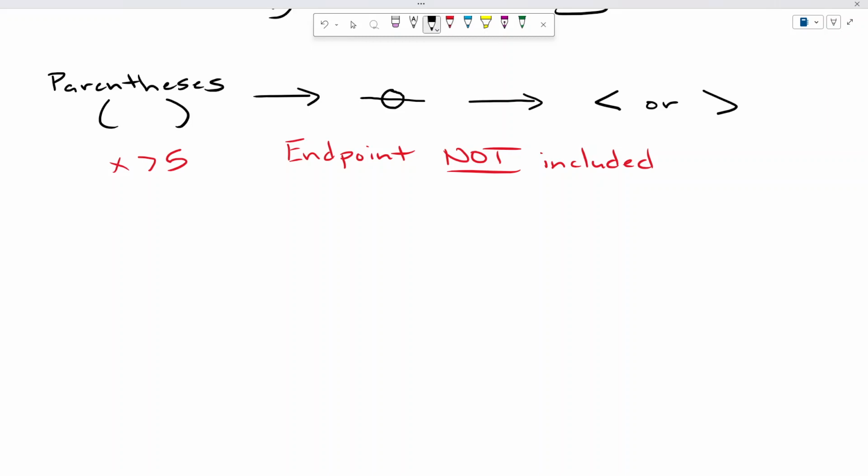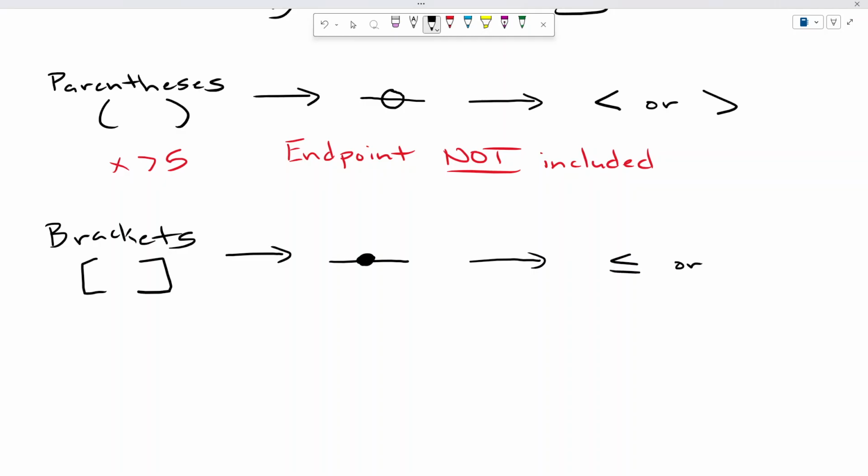And then if we were using brackets, that's equivalent to a filled-in circle on the number line, and that equates to less than or equal to, or greater than or equal to. So those are the key differences between these two. In this case, brackets, closed-in circle, greater than or equal to or less than or equal to, the endpoint is included.